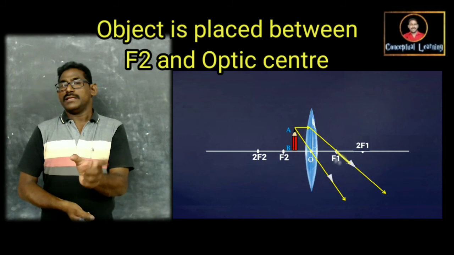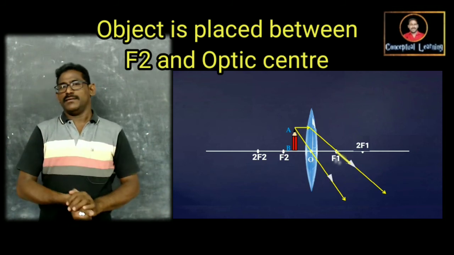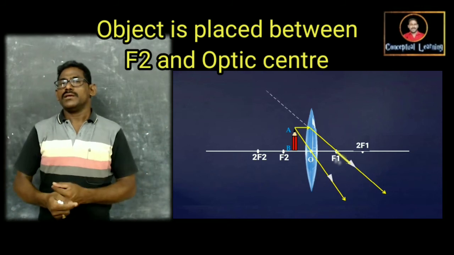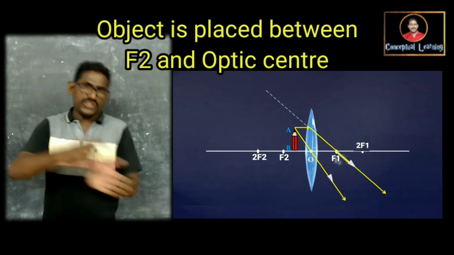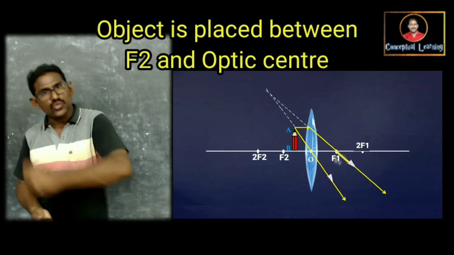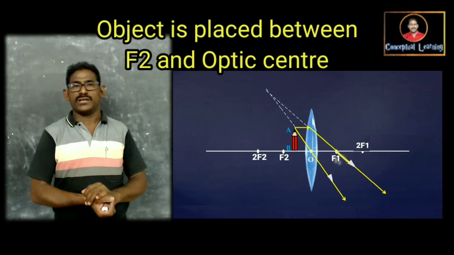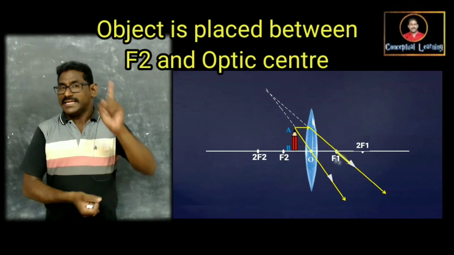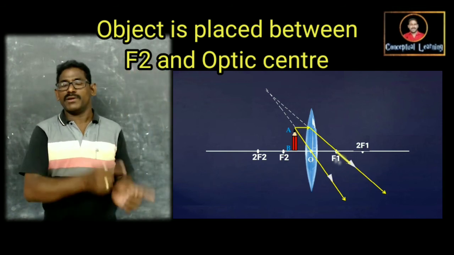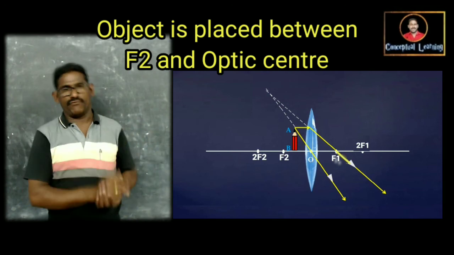If you observe, the two refracted rays are diverging, going away from each other, so they will not meet if you produce them in the forward direction. Hence we produce these two rays in the backward direction, and they intersect at a point on the same side, which is in between F1 and 2F1.